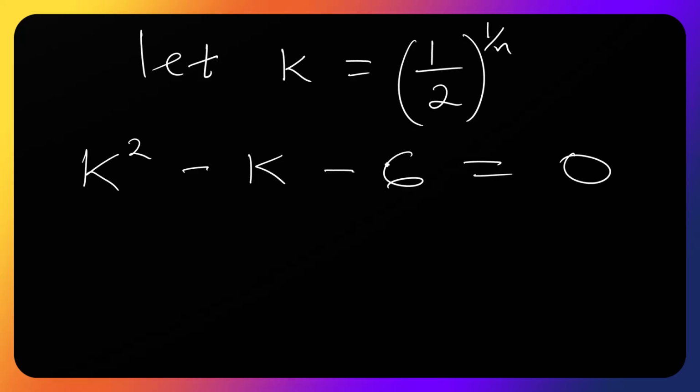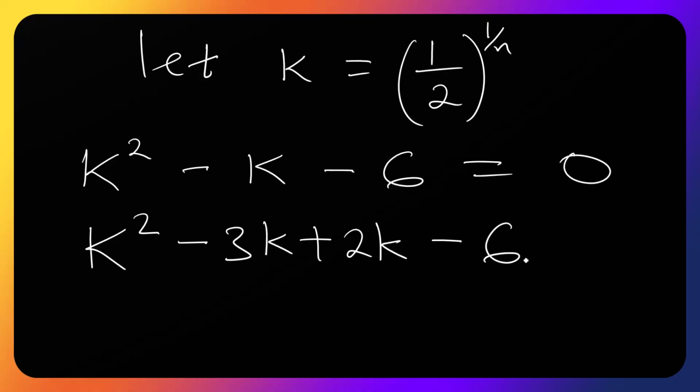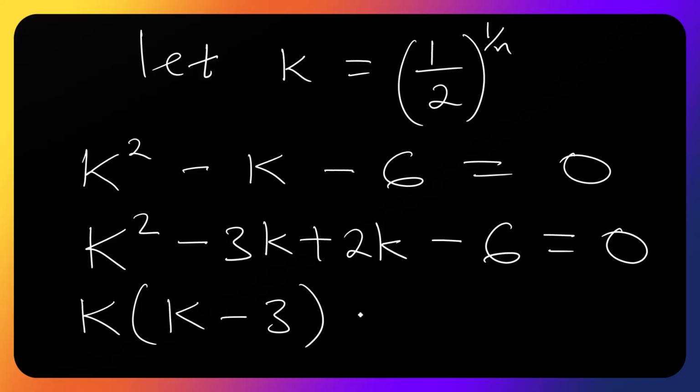Because this side is minus 6, you have the two factors as minus 3 plus 2. So k squared plus 2k minus 3k minus 6 equals 0. Now from here, we can take k out, k minus 3, and we can take 2 out, k minus 3 equals 0.